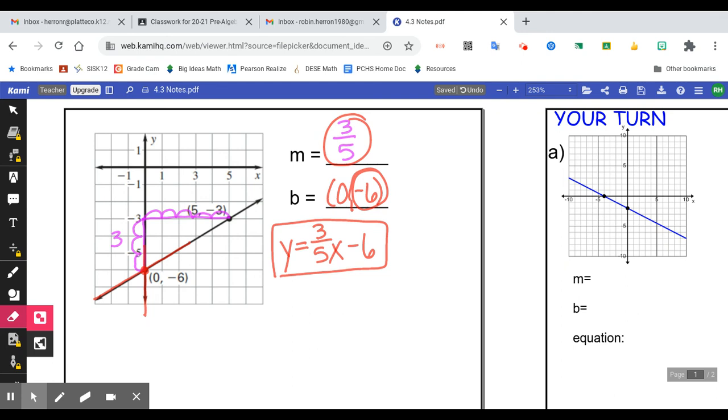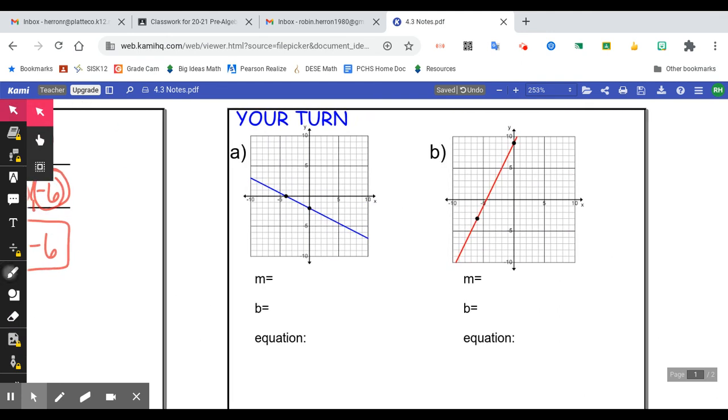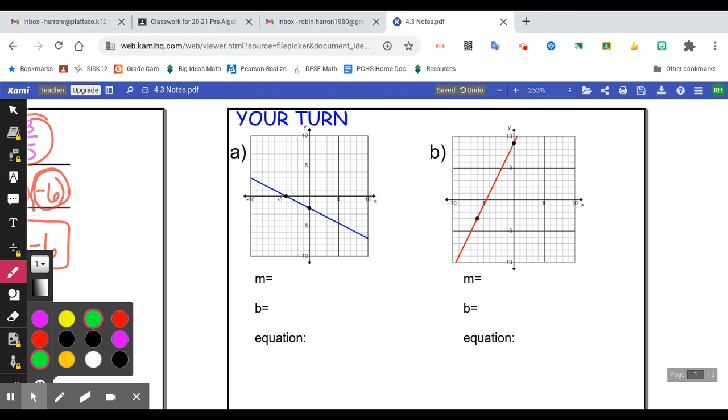Okay, your turn. I want you to pause the video, see if you can get these two by yourself, and then check your answers. Okay, so I'm going to go down and right. 1, 2. And then we're going to go 1, 2, 3, 4.